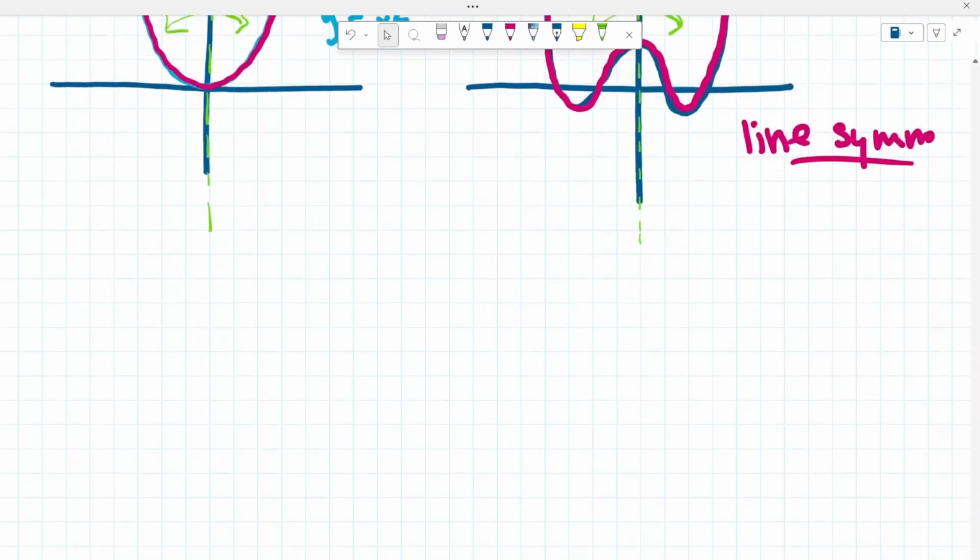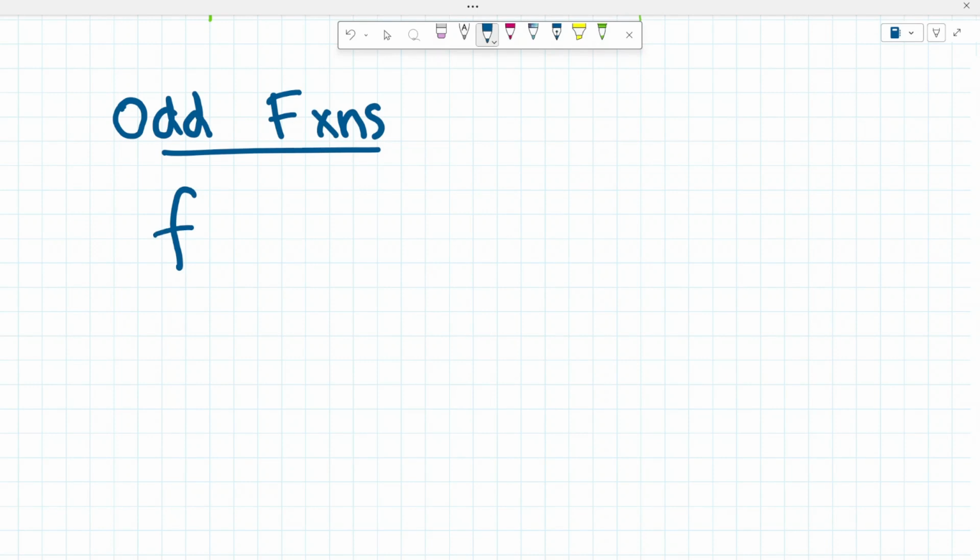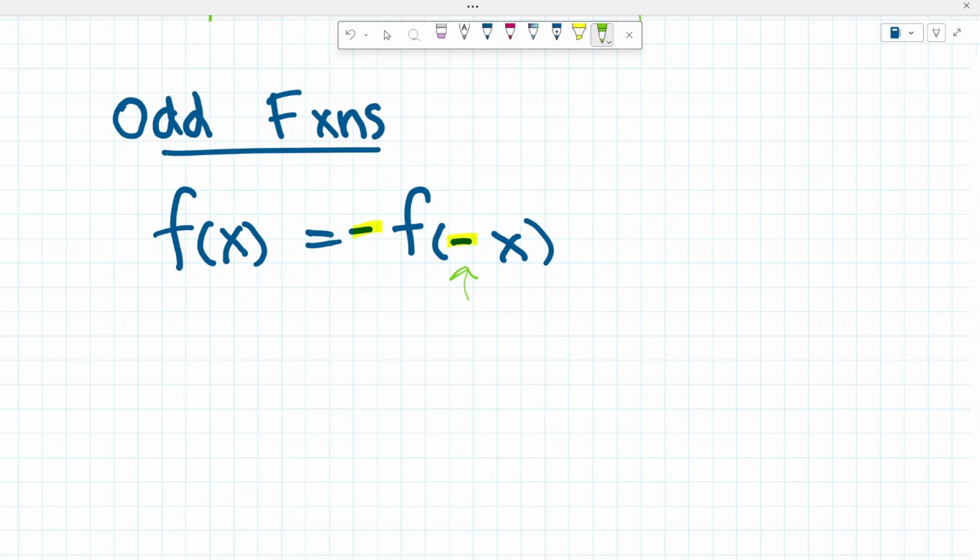So now let's go and look at our odd functions. So odd functions have the form of f of x equals negative f of negative x. Okay, so if we look at this in terms of transformations, we've got two negatives happening here. This first one is like what we just saw.